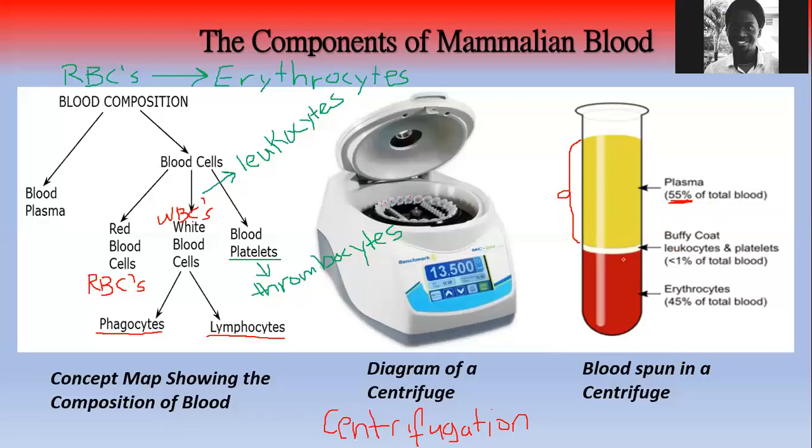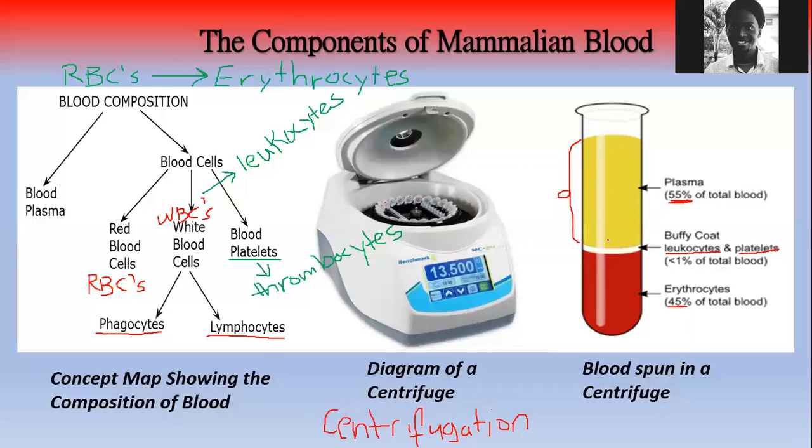So of that 45%, you have less than 1% being leukocytes, that would be white blood cells, and platelets. So that is what is in the middle here. Then you have the erythrocytes, which is roughly 45%. It would not be exactly 45%, but roughly, if it was to be rounded off. So these are the components of blood, and that is what blood would look like.